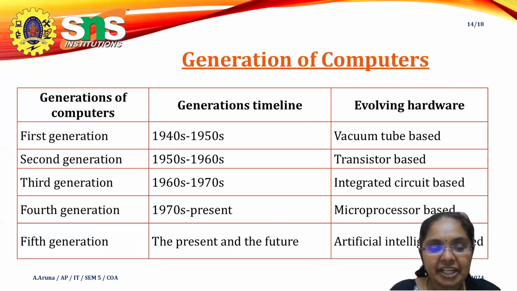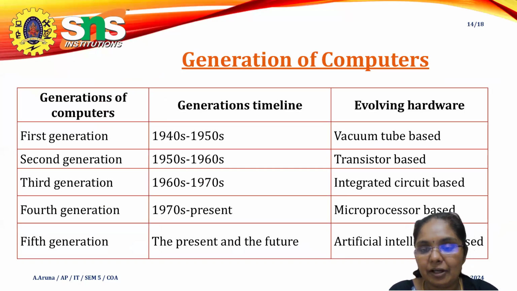Normally, the generations of the computer can be classified into 5 generations: first, second, third, fourth, and fifth. These are the various timelines of the generations. Nowadays we are in the 5th generation. Initially, the hardware used in the first generation was the vacuum tube. The second generation had the transistor, which is an on and off switch.